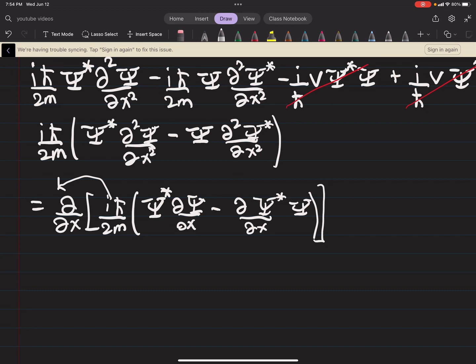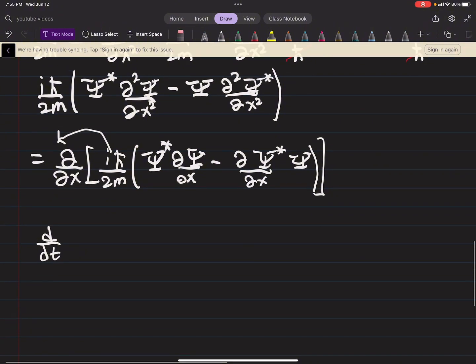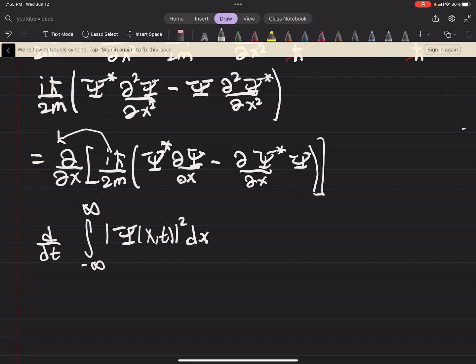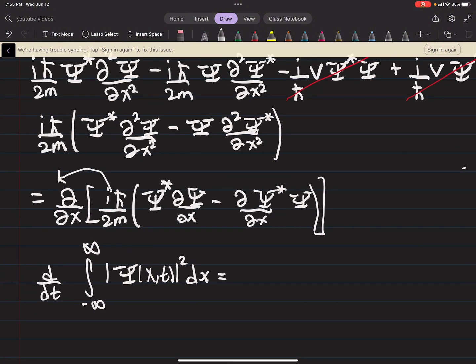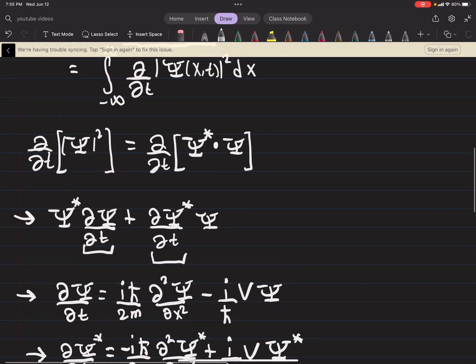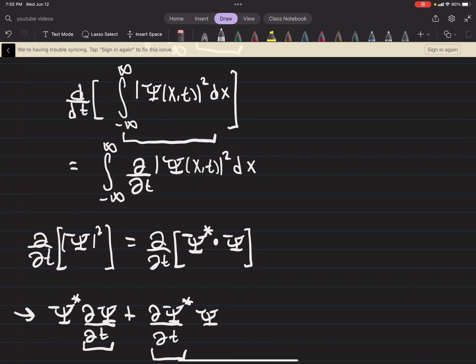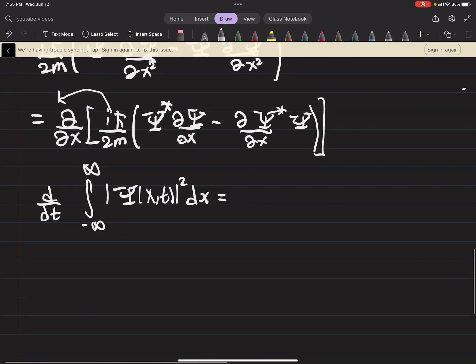Okay, so then the derivative with respect to time: we're going to take the derivative with respect to time of our integral from negative infinity to positive infinity of psi squared dx. What we just showed is all of that stuff. If we plug this inside our integral, the derivative and integral are going to undo each other.